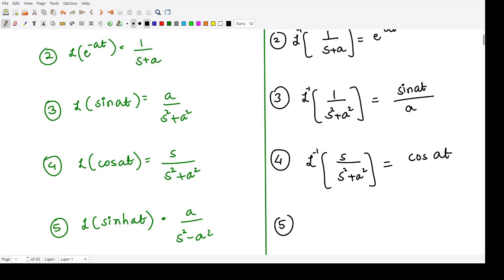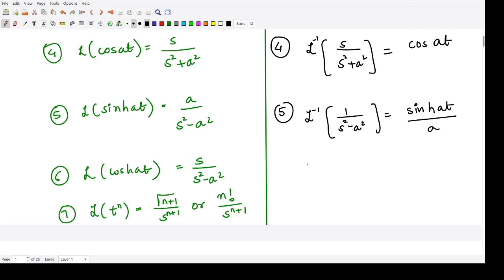And for the next formula, we would have the Laplace inverse of 1 divided by s square minus a square, that is equal to sin hyperbolic at divided by a. And then the Laplace inverse of s divided by s square minus a square, that is equal to cos hyperbolic at.